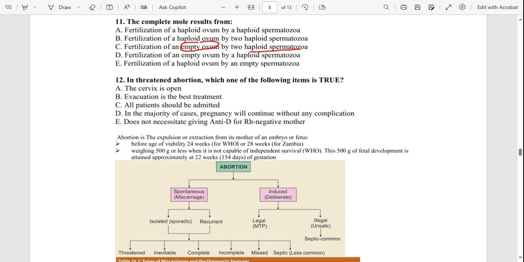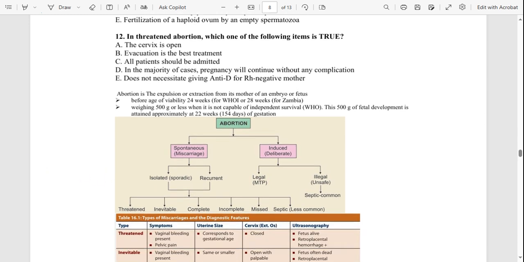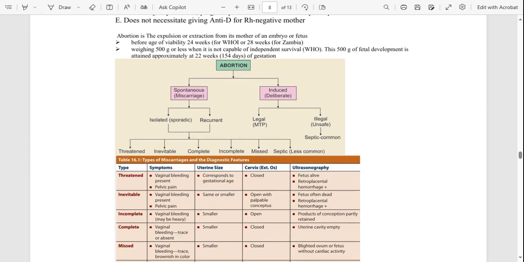We can also define abortion as the expulsion of a fetus or embryo weighing less than 500 grams. Now, abortion can either be spontaneous, which we call a miscarriage, or induced, which is deliberate. The induced one can be either legal or illegal, which is unsafe and most likely leads to sepsis, so septic abortion.